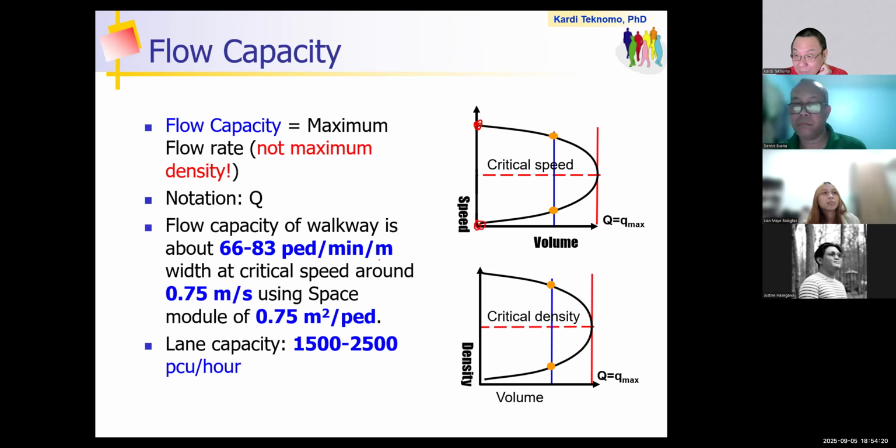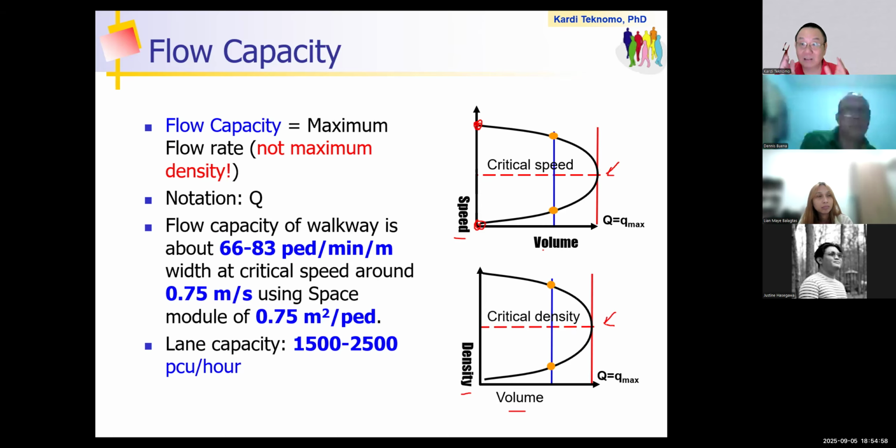This graph represents the speed and volume. The bottom graph is density and volume. So what we call capacity, that means flow capacity. So that is maximum flow rate, not maximum density. So this one is the maximum flow.